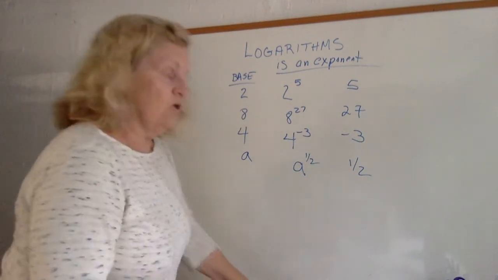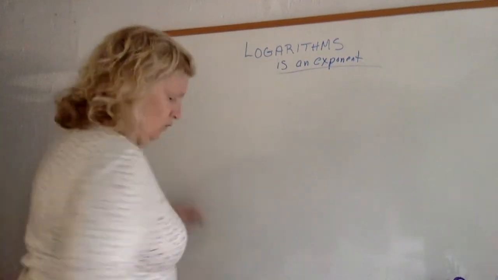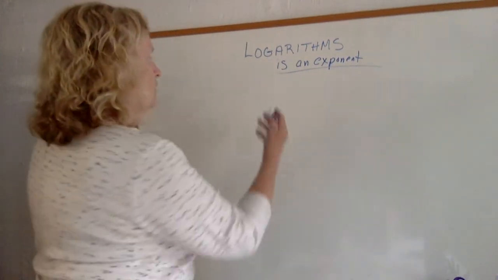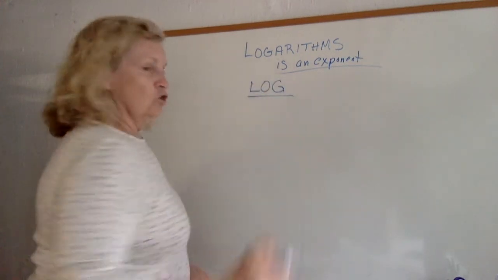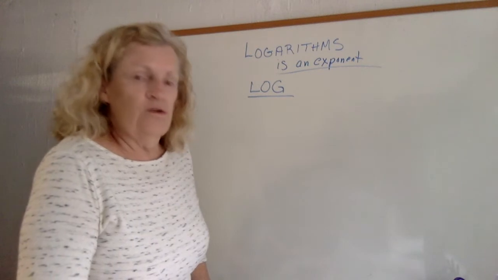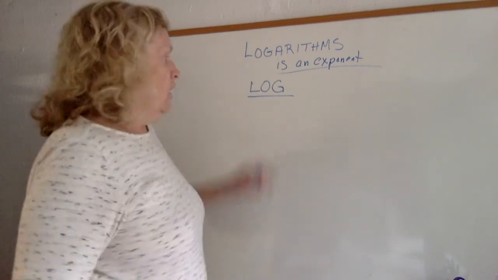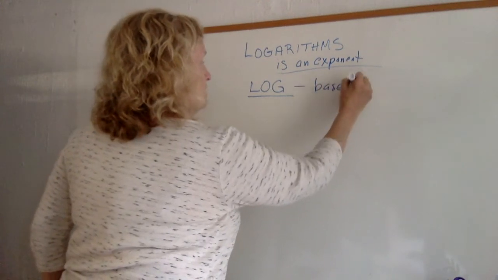Now, if I switch to specifically dealing with those numbers that we are going to use, this log function key that you find hopefully on all of your calculators is restricted to base 10.